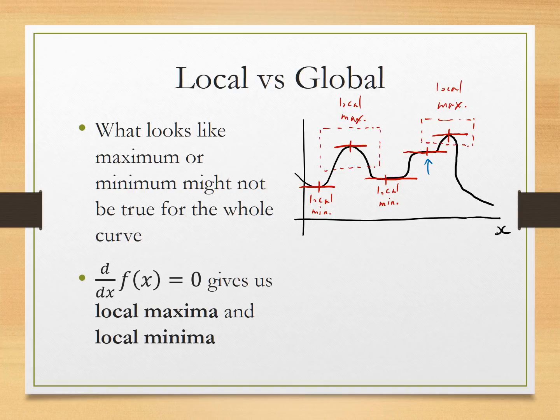This point is actually neither. The function is going up on the left, becomes flat, and then goes up again on the right. So it's not a maximum, nor a minimum. This is called an inflection point. It's usually not something that we are interested in, so we want to eliminate these cases.